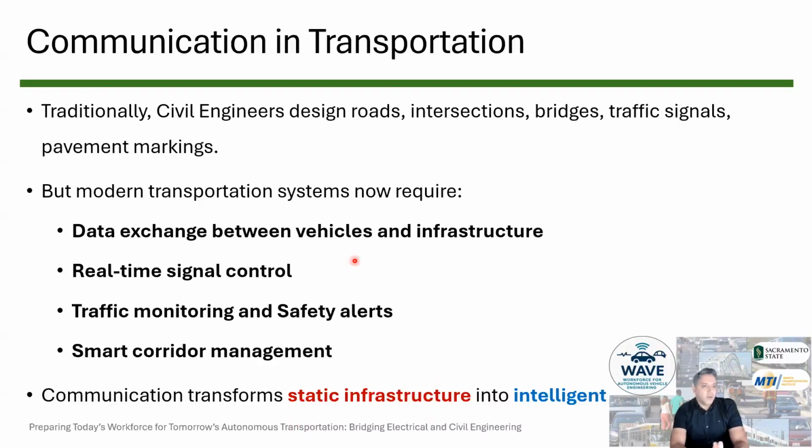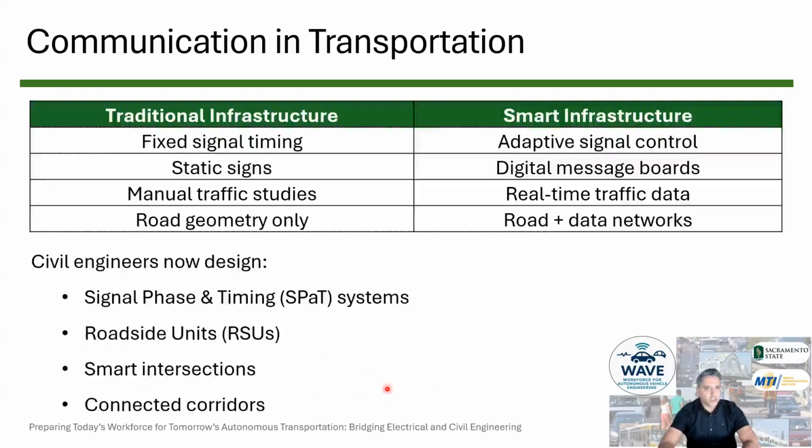But the modern transportation system now requires data exchange between vehicle and infrastructure. Now everything is dynamic, right? So we have real-time signal control, traffic monitoring, and safety alerts like smart corridor management. That takes static infrastructure to intelligent infrastructure.